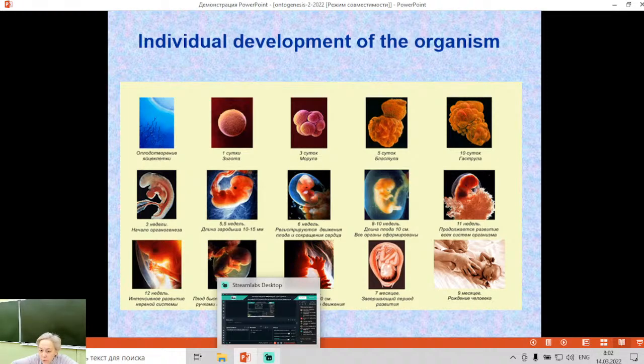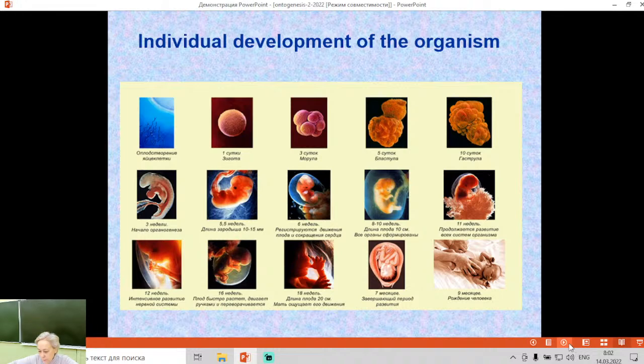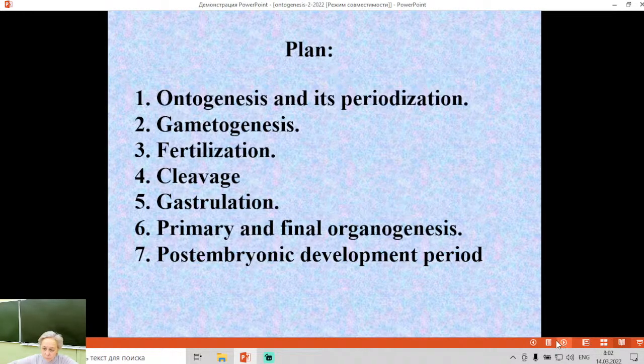The topic of our lecture today: individual development of the organism. Plan of our lecture. The first question, ontogenesis and its periodization. Next question, gametogenesis.